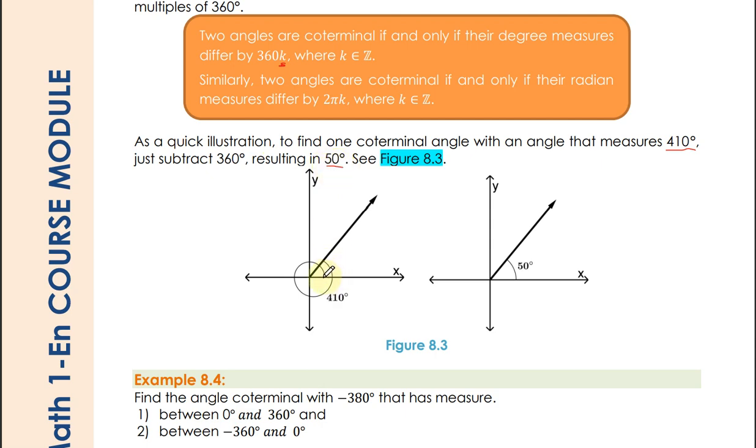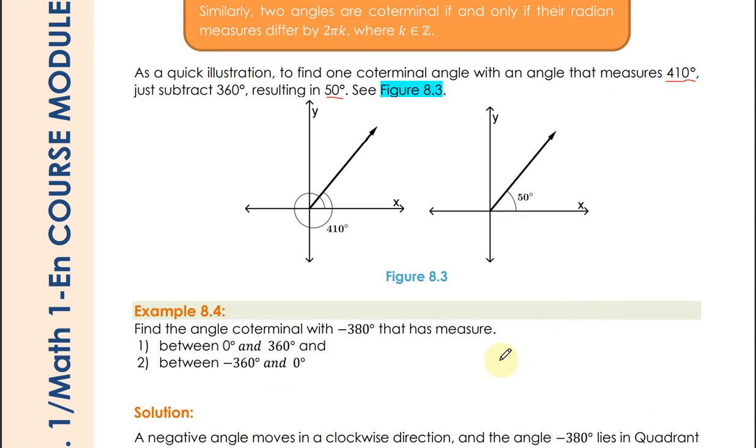So from your initial side that lies on the positive x-axis, it rotates past 90, 180, 270, 360, plus another 50, that is 410. So the terminal angle is equal to 50 degrees.